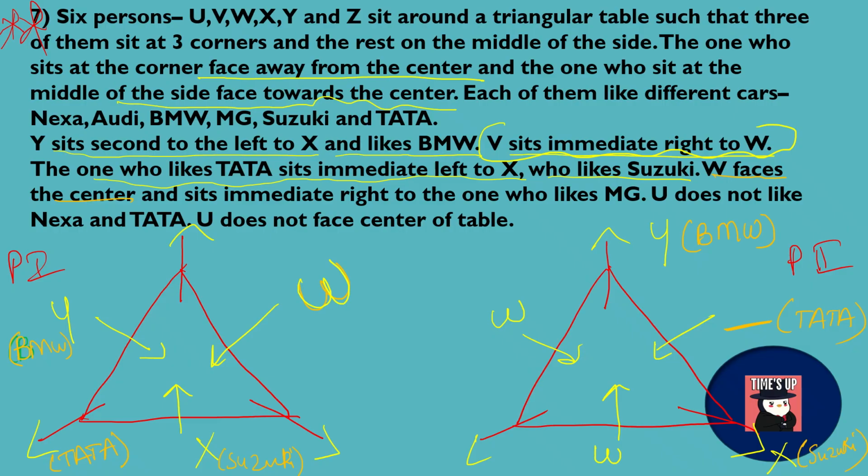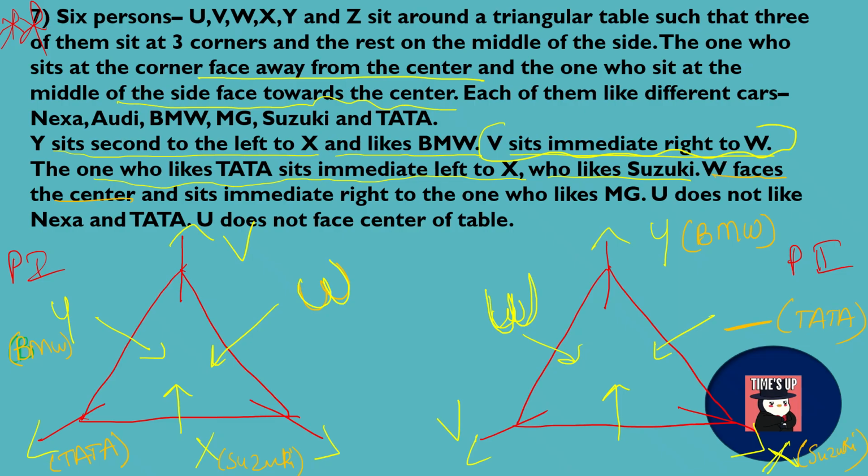In the first possibility, if it is facing towards the center, V sits immediate right to W means V will come here. In the second case, if I place W here, then V should come here, but X is already placed here. So we can't place W here in the second possibility. I'll keep W here, then the immediate right will be here, V.